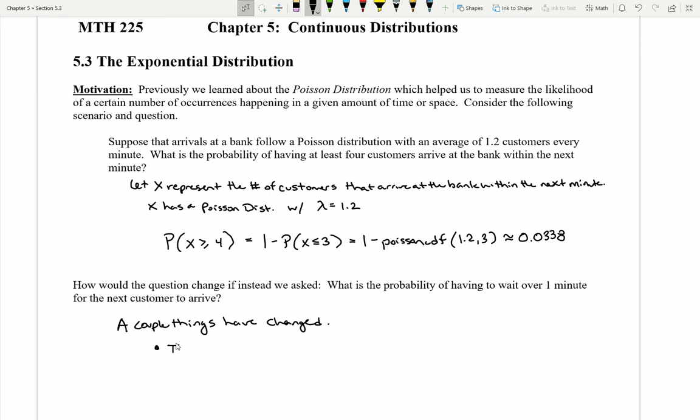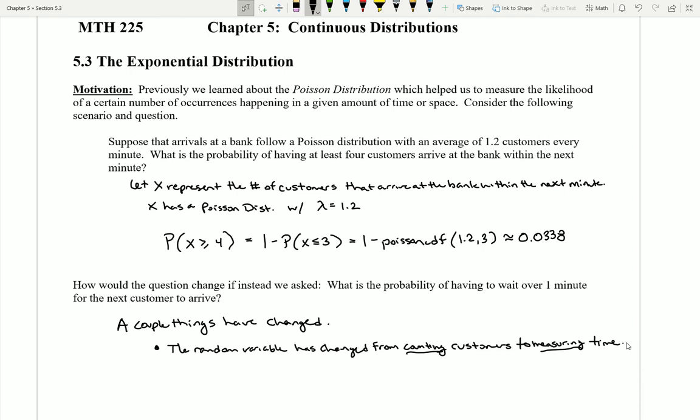I can say here that the random variable has changed from counting customers to measuring time.